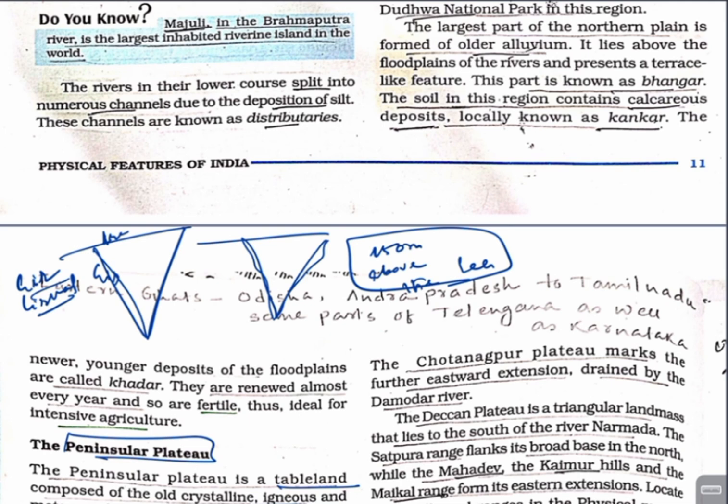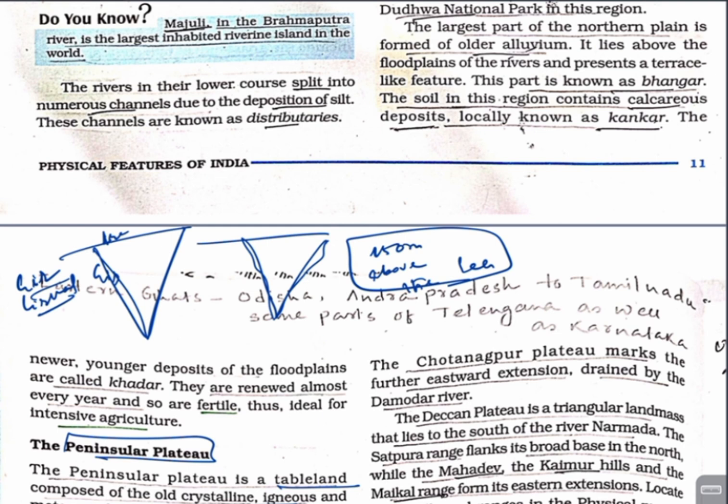Most of these are very ancient formations, about 550 million years old, except the Deccan Plateau, the Deccan basalt lava plateau, which is a new formation.